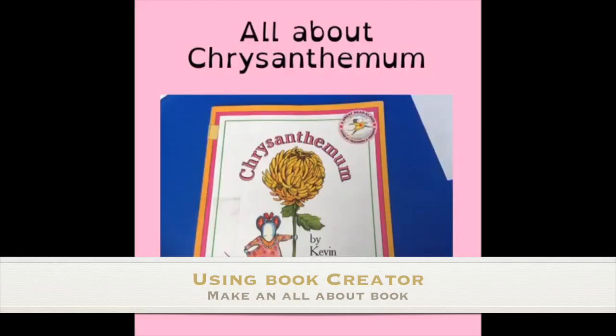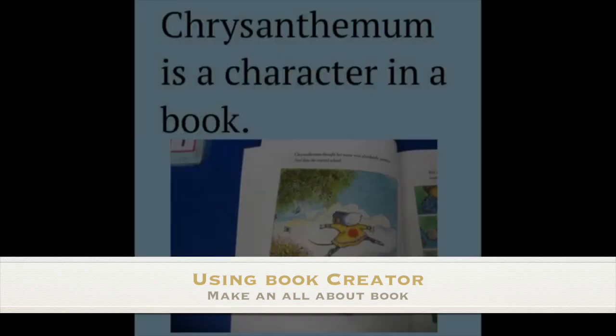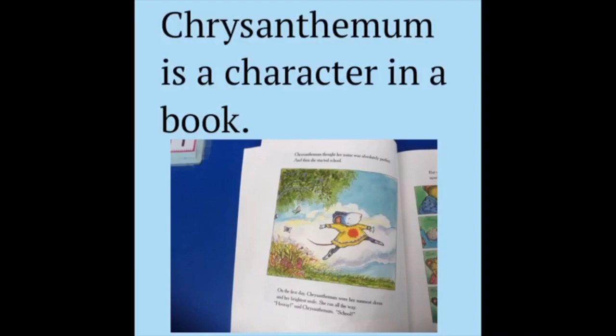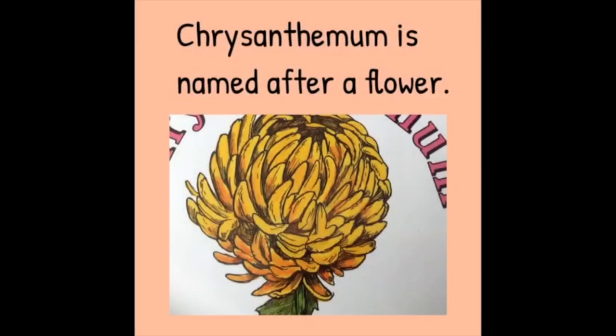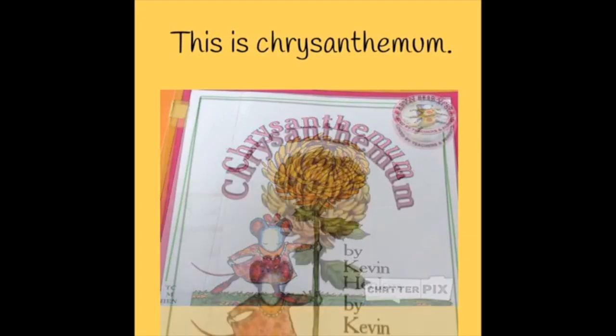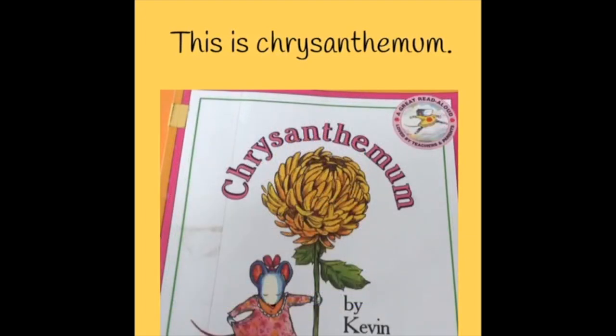All about Chrysanthemum. Chrysanthemum is a character in a book. Chrysanthemum is named after a flower. This is Chrysanthemum. Hi, I'm Leah. I'm going to be talking to you about Chrysanthemum. Chrysanthemum is nice, she's kind, she's a mouse, she's sometimes worried, and she's proud.